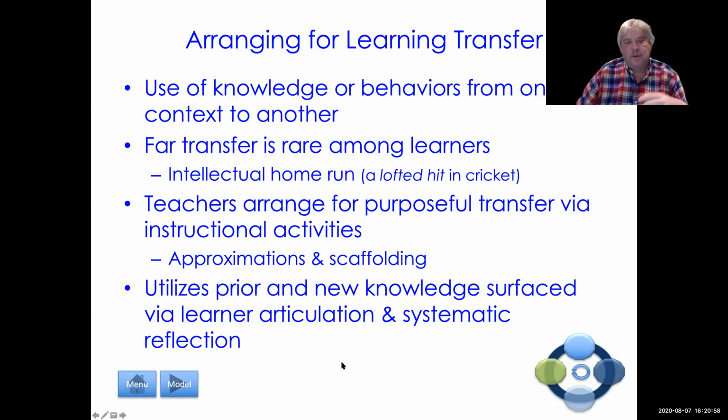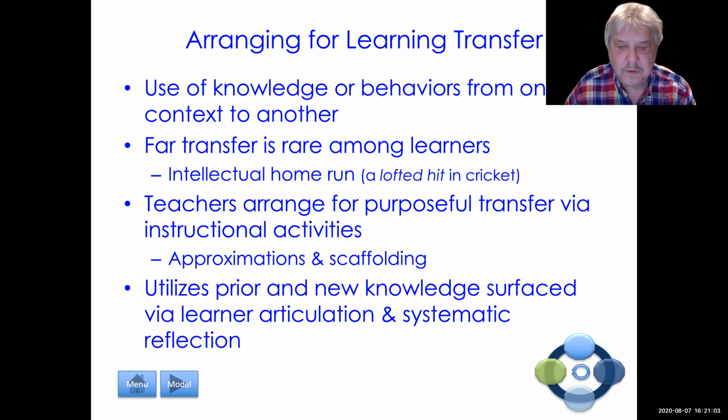Transfer also utilizes prior and new knowledge that is surfaced via learner articulation and systematic reflection. As you go along, you'll see from the model that we are purposely getting students to articulate what they've learned and to have a systematic approach to reflecting on it.